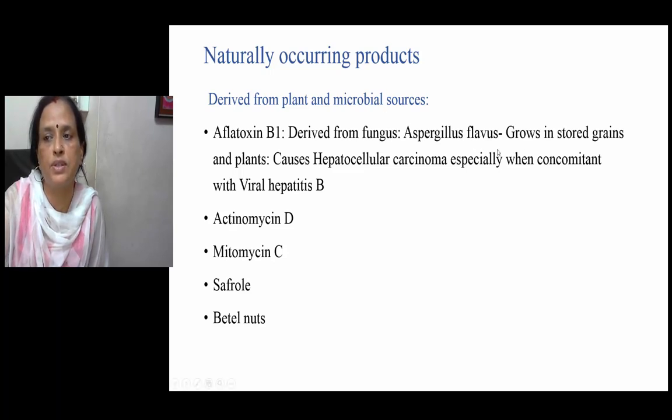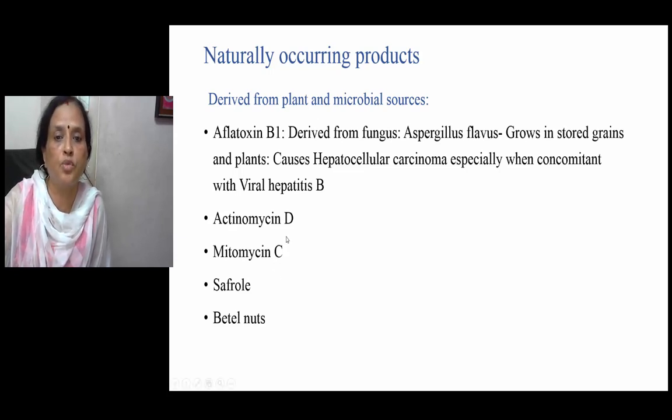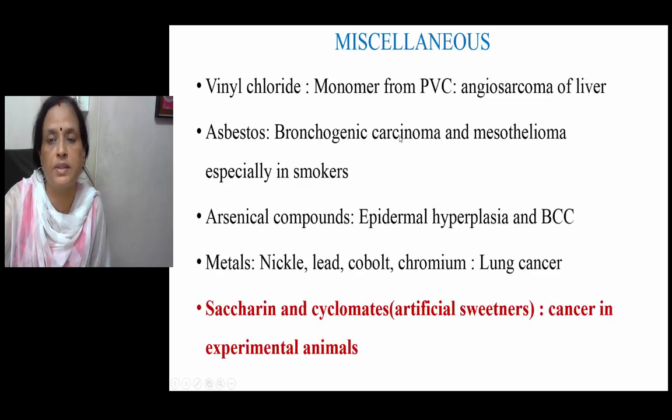Because this Aspergillus flavus grows in stored grains and plants, especially rainy season and all, if it becomes wet. So other naturally occurring products are actinomycin D, mitomycin C, safrole, betel nuts. We dealt with betel nuts.